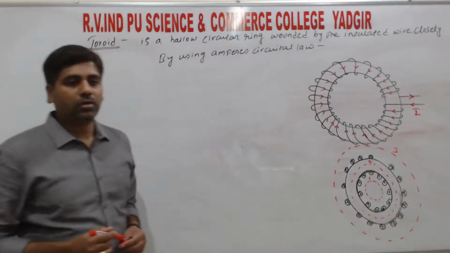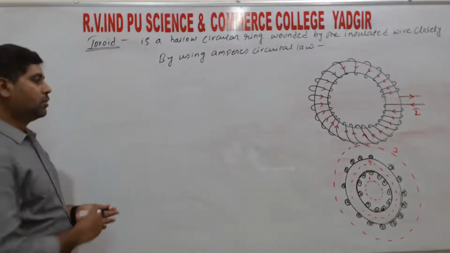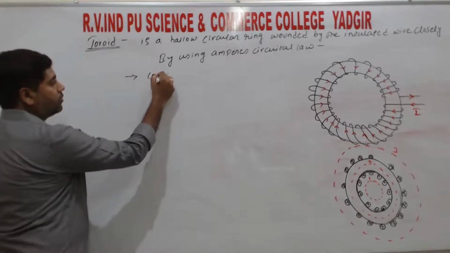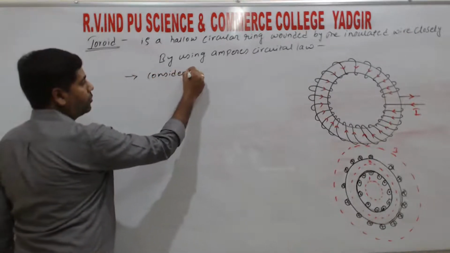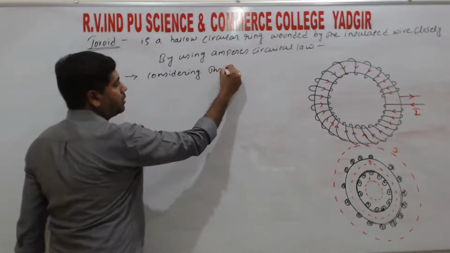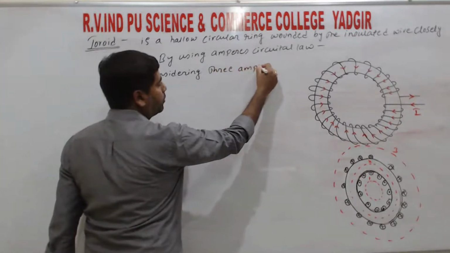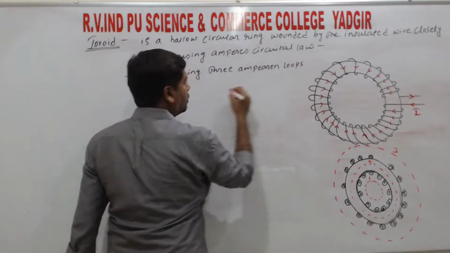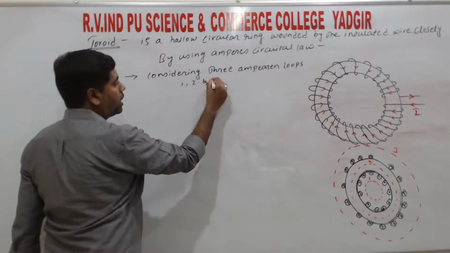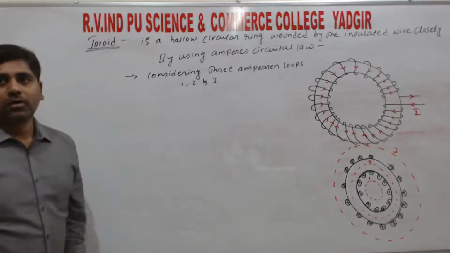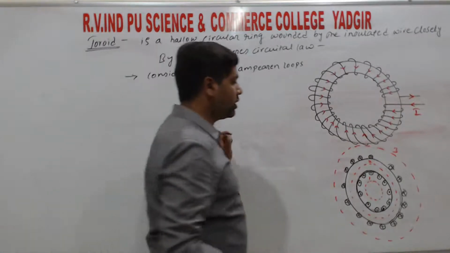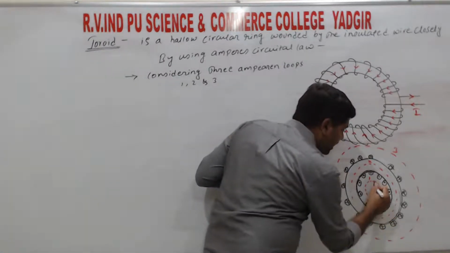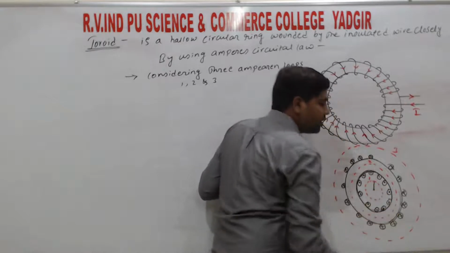So considering 3 Ampere loops, calling them 1, 2 and 3, right? So we are taking 3 Ampere loops, each having a radius from the center of the circular ring.